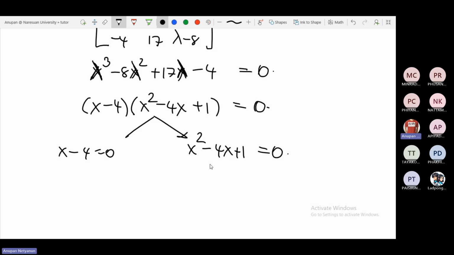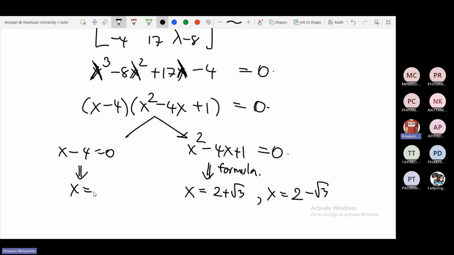And you can see that this one is going to be hard to factor, so I'm going to use the formula. It's going to be x equal to 2 plus square root 3 and x equal to 2 minus square root 3. And of course, this one gives you x equal to 4. So you have 3 eigenvalues for matrix A in this case.